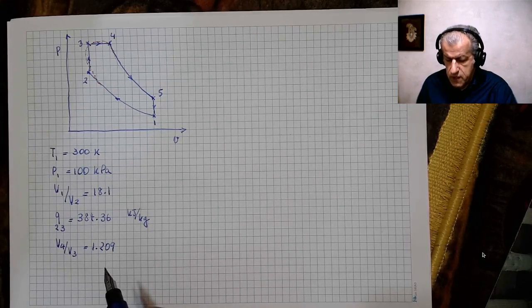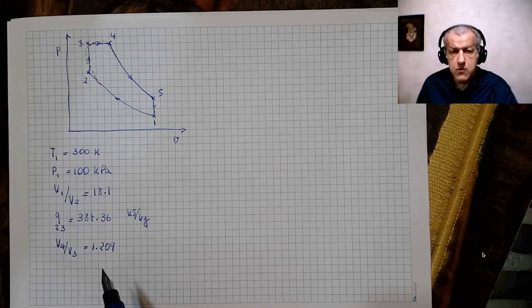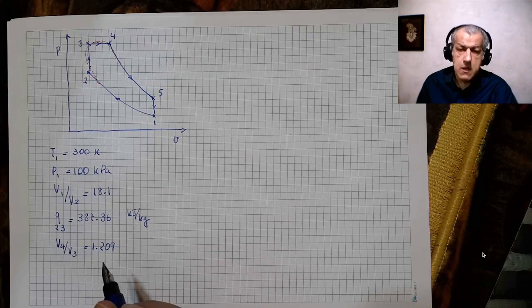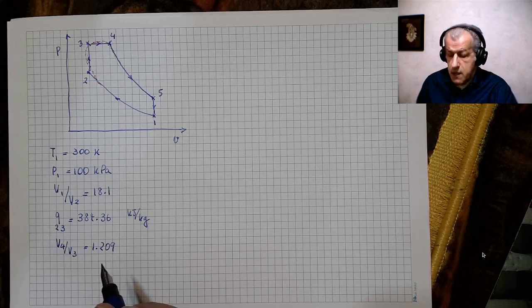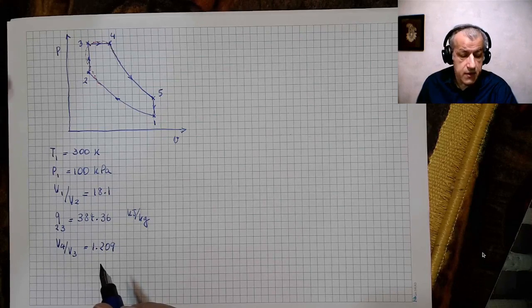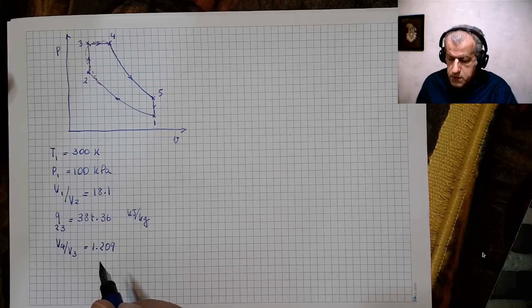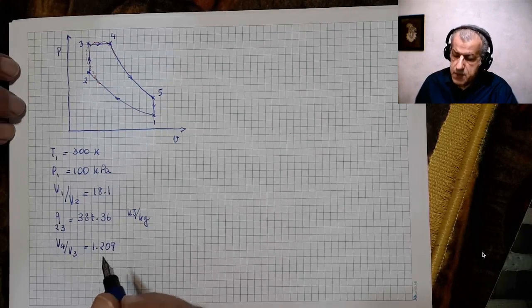Of course, V5 equals V1 because it's the end of the stroke and it's the bottom dead center for our cylinder and for our piston. Now, processes 1-2 and 4-5 are isentropic processes.